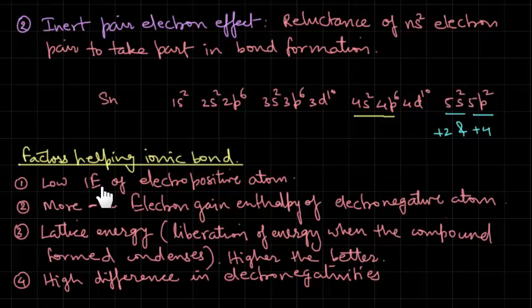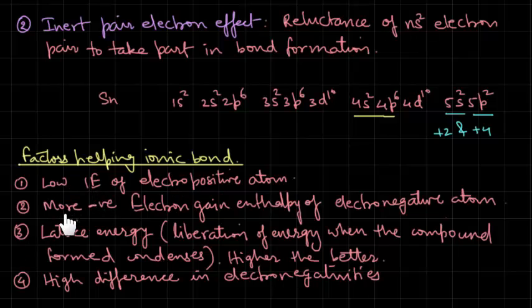For example, for the noble gases, taking out an electron is very difficult, so they have high ionization energy. Ionization energy is the energy given to an atom to remove its electron. So an electropositive atom, for example sodium, should have low ionization energy, so it is easier for it to lose the electron.